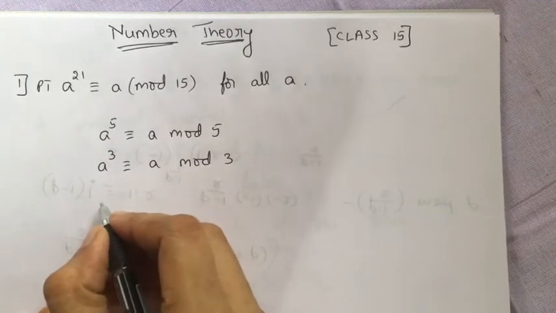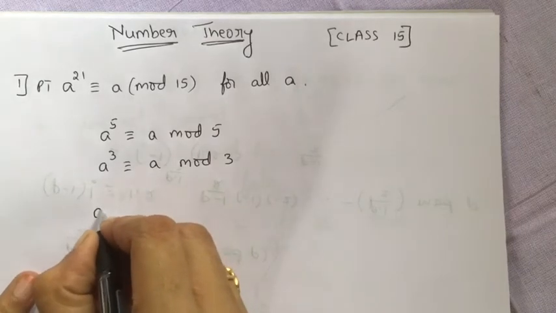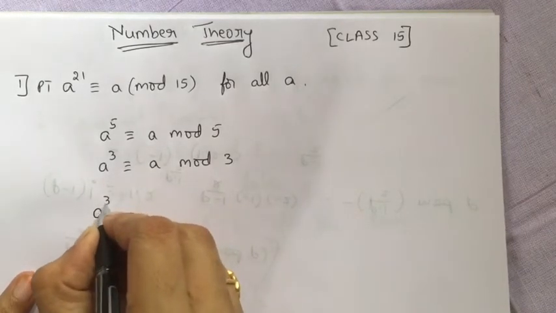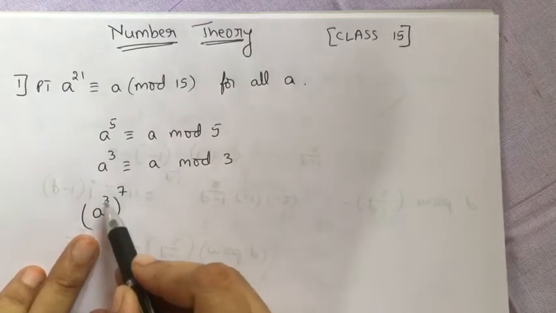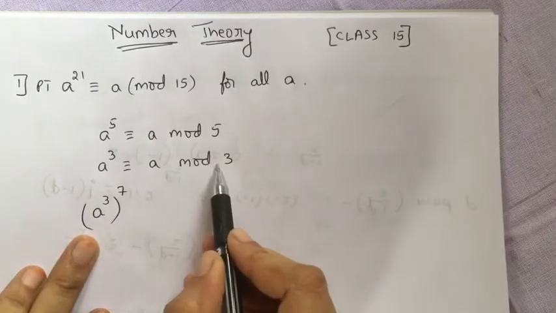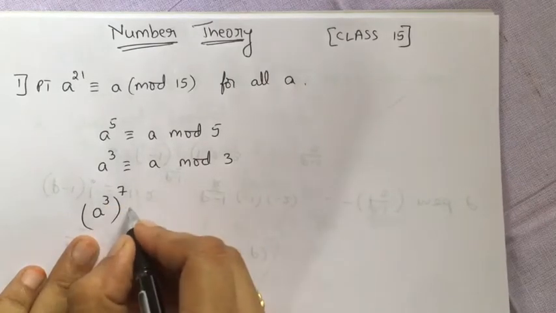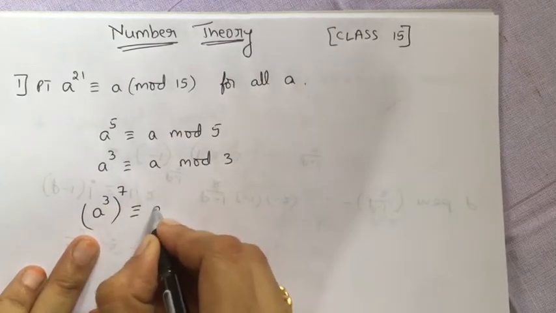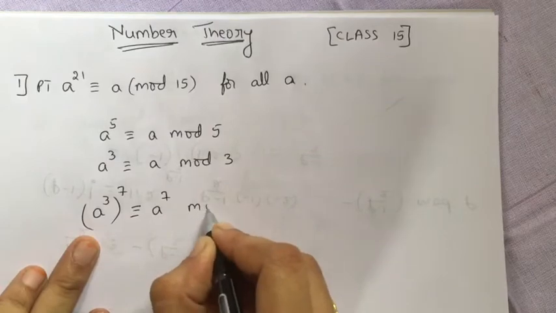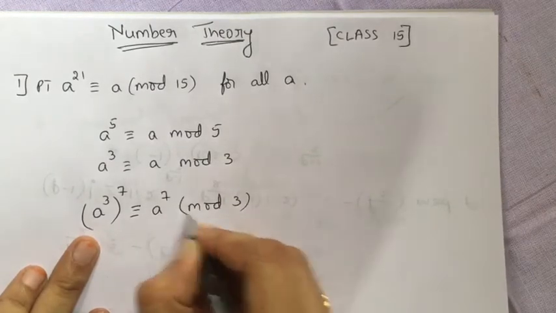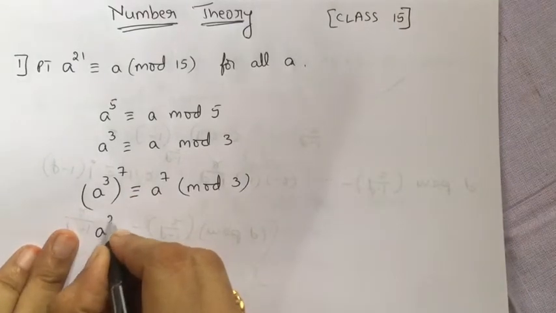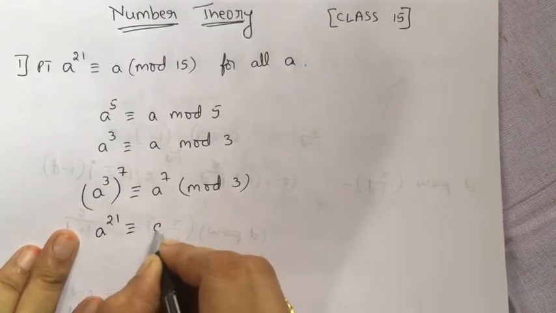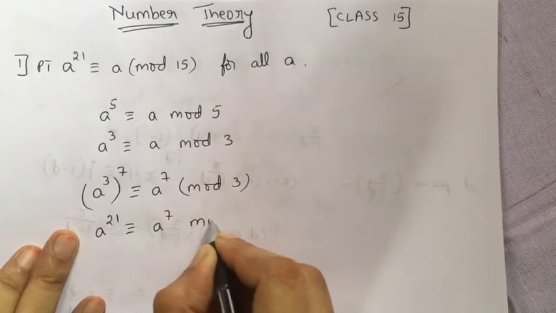For that, I'll take a power 3 whole power 7, right? A power 3 is congruent to a mod 3, so I can write this as a power 7 mod 3. So that a power 21 is congruent to a power 7 mod 3.